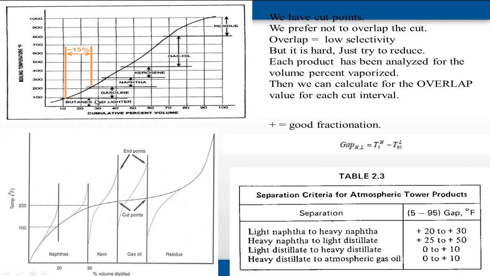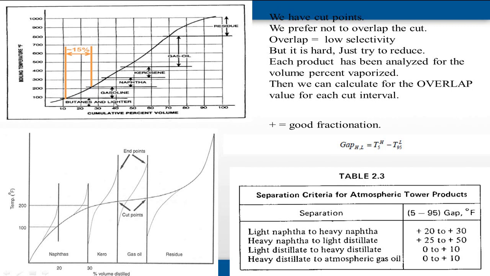However, the chemicals in the crude are quite complicated. It is very difficult to make a perfect cut. Just like you cannot make the gasoline product at exactly 80 or 90 degrees Celsius to 10 degrees Celsius.